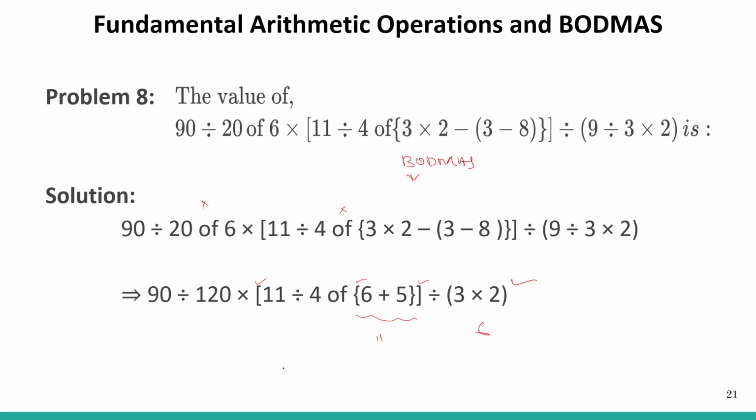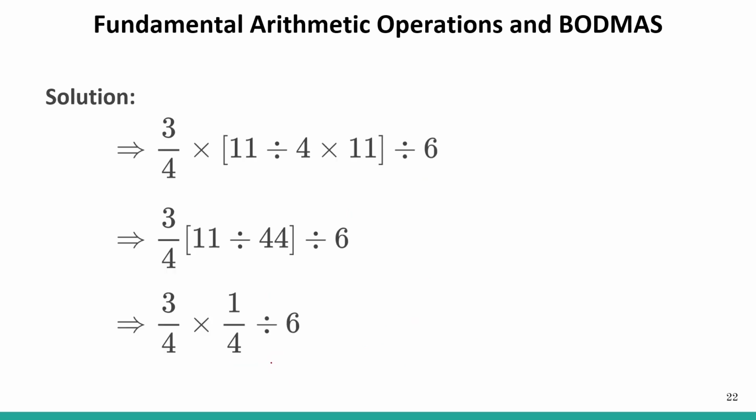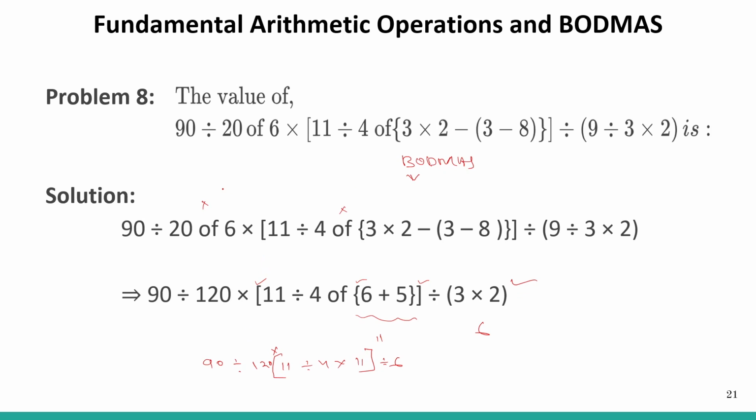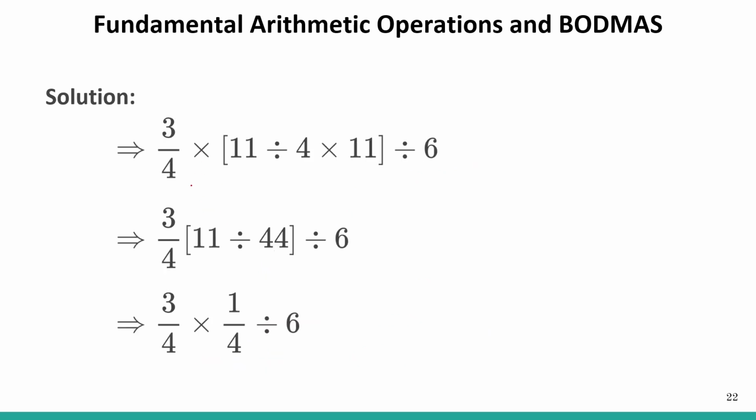Then the whole one is 11 divided by 4 into 11 divided by 6, and here 90 divided by 120. So what we are left with is 3 by 4 into 11 divided by 4 into 11 divided by 6.